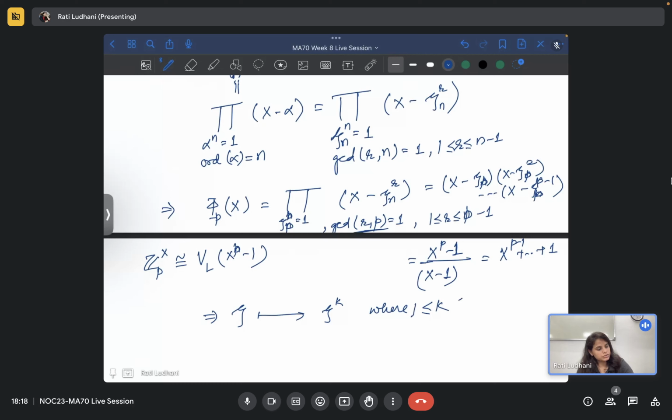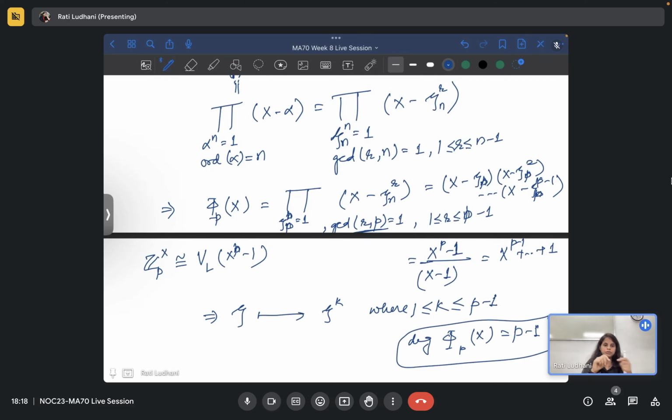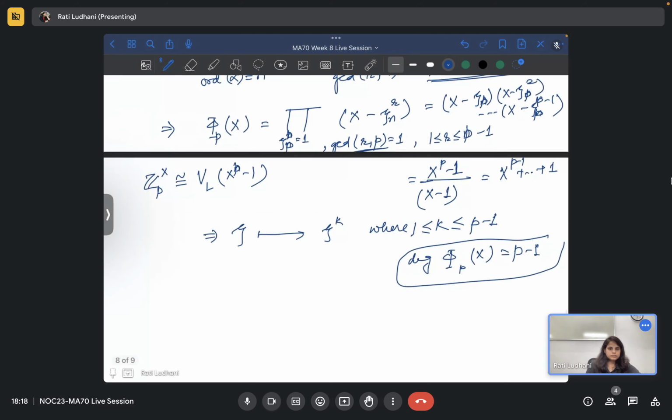So degree of phi p x is equal to p minus 1. As you have seen, there is just one element missing, which is x minus 1. That factor we are not considering, because from the definition itself it is not there. Is that okay?